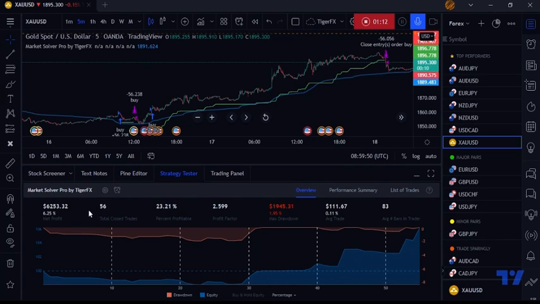So in this case, for me at least, an ATR factor of 8 on the trailing stop settings for gold works very well. So 6.25% performance, 2.6% profit factor, and a manageable drawdown of 1.95%.